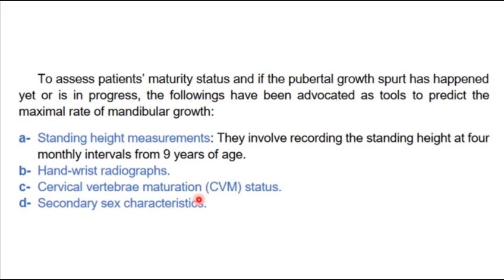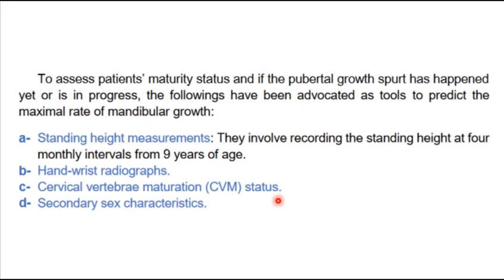And there are hand wrist radiographs, where we use the Fishman skeletal maturity indicator, which relates to particular bone changes occurring in your hand and wrist to be compared to your maturation status.